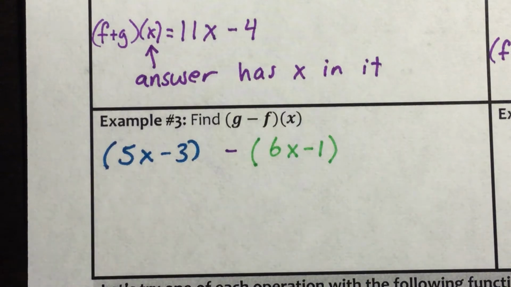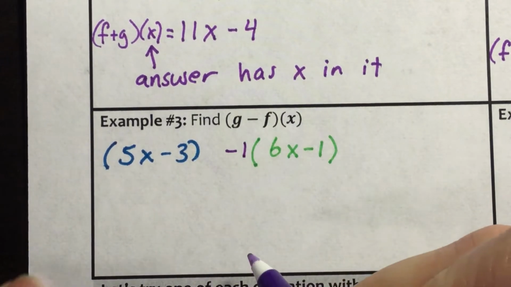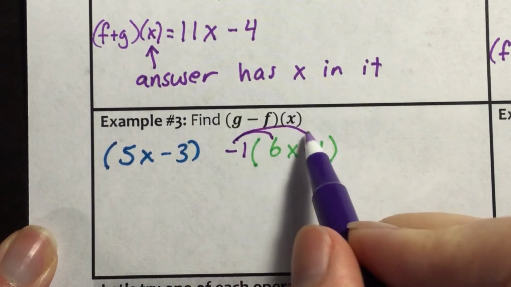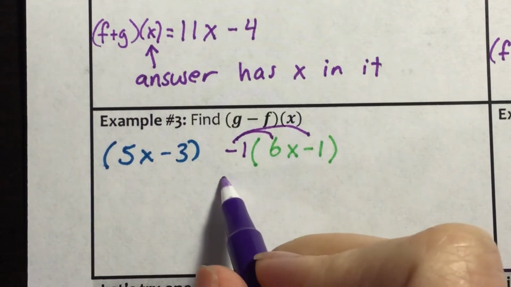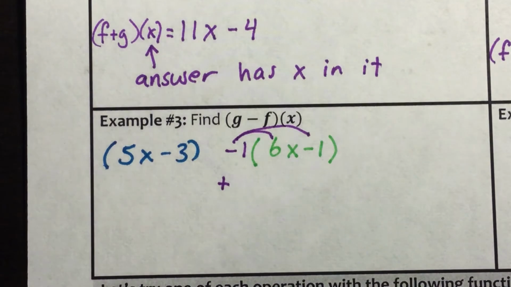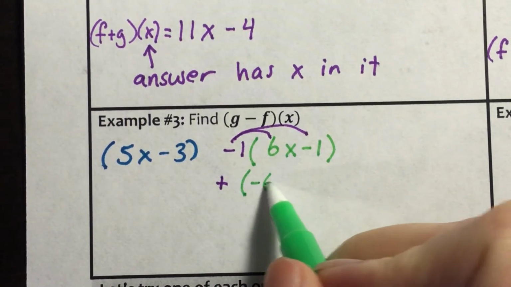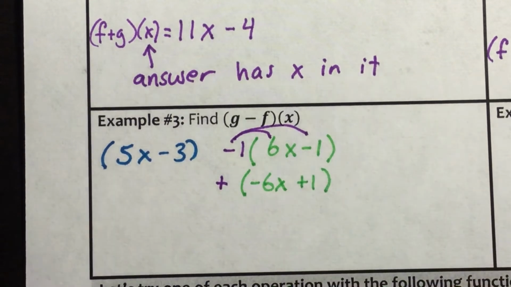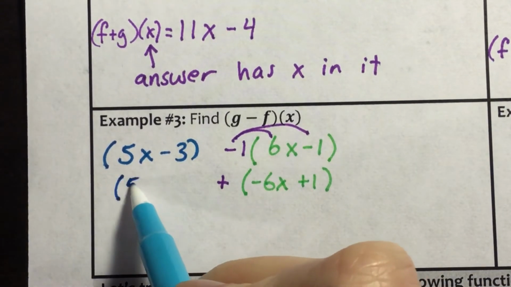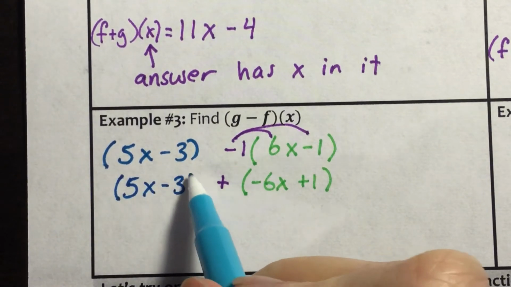Okay, since it's subtracting, treat it like a -1 multiplied times the second parentheses. So -1 times 6x is -6x. -1 times -1 is +1. And that first function you just bring straight down.